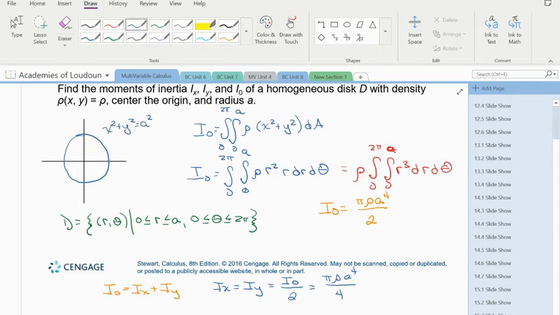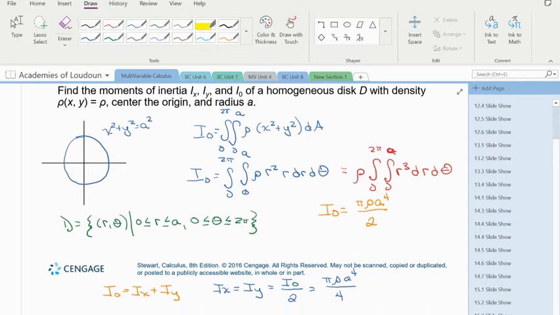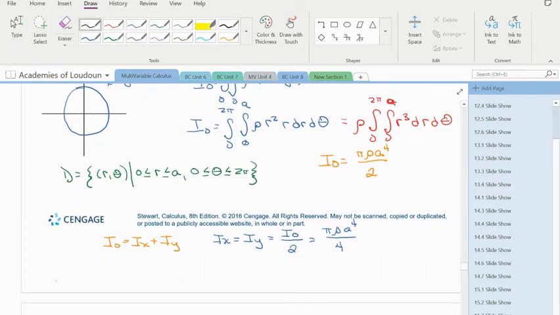So notice that the mass of the disk in this problem is going to be the density times the area. So let me give myself some room. The mass, we know, is density times the area, which is going to be rho times pi a squared.